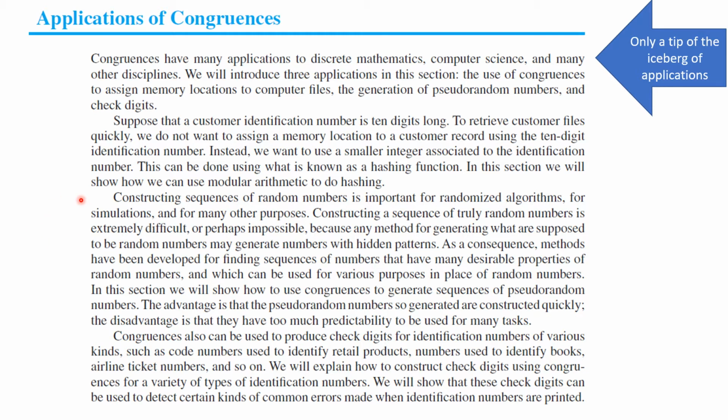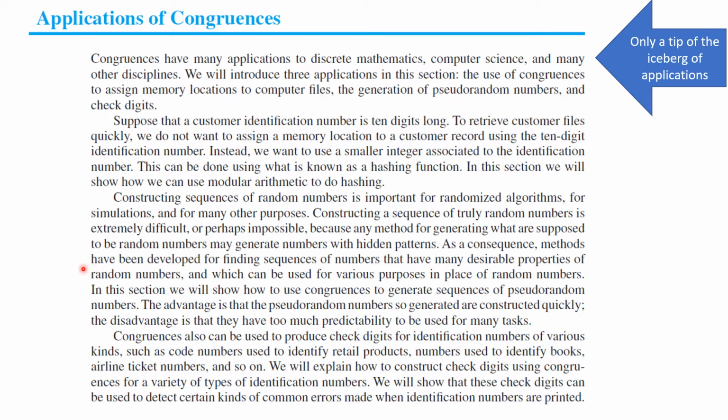Constructing sequences of random numbers is important for randomized algorithms, for simulations, and for many other purposes. Constructing a sequence of truly random numbers is extremely difficult and perhaps impossible because any method for generating what are supposed to be random numbers may generate numbers with hidden patterns.